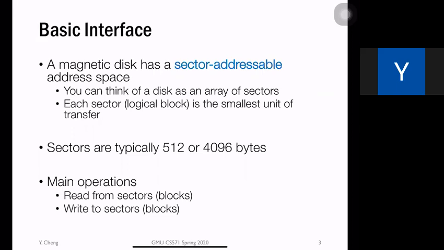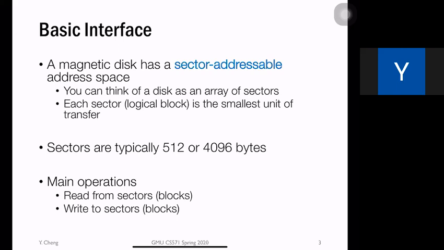And internally, this piece of hardware keeps track of an array of sectors, a sector addressable address space. Okay, so you can think of a hard disk drive as a linear, one-dimensional array of sectors, and each sector is also called a logical block, and each sector is the fundamental, the smallest unit of data transfer, read and write IOs.